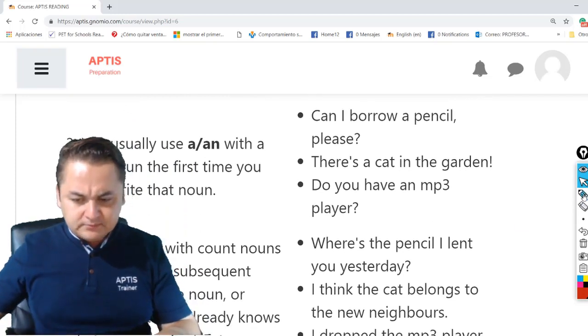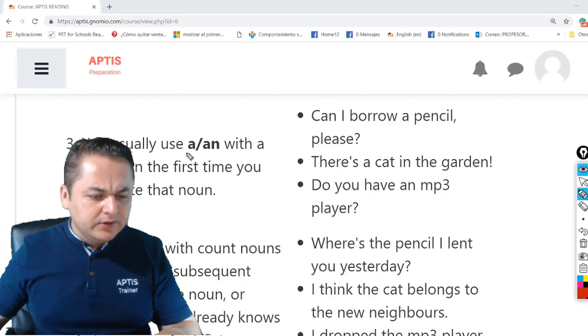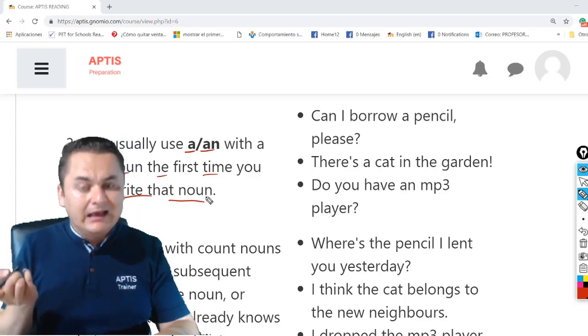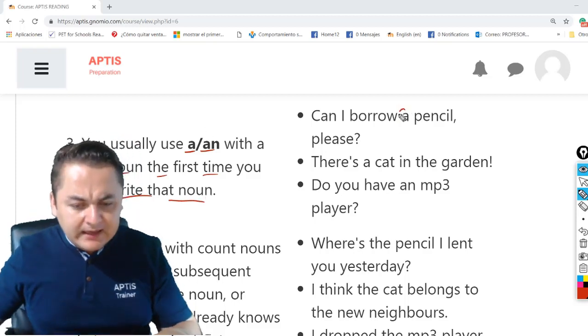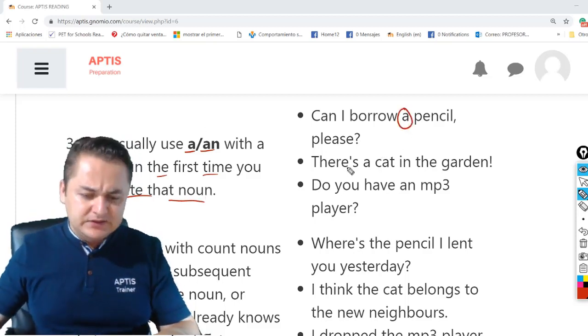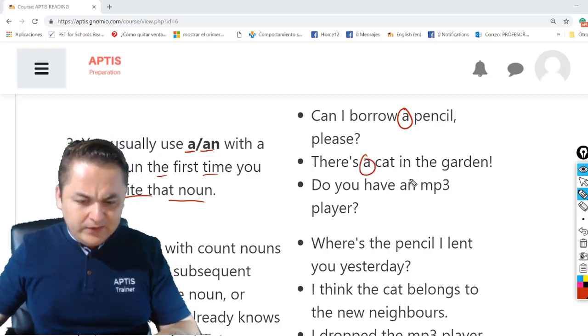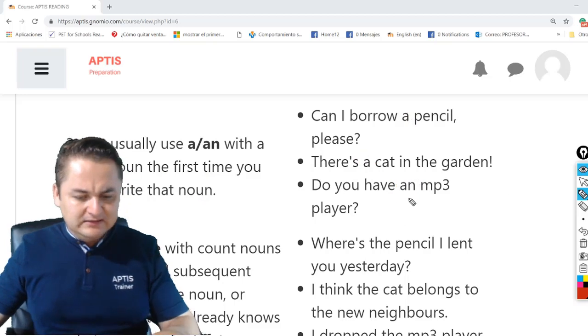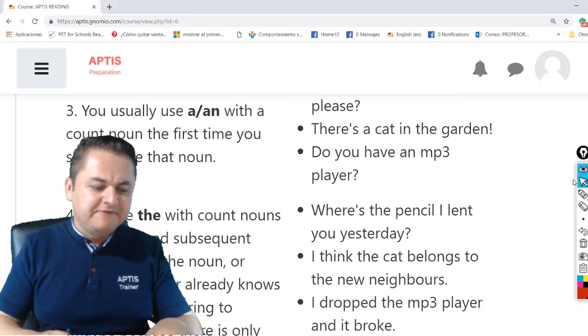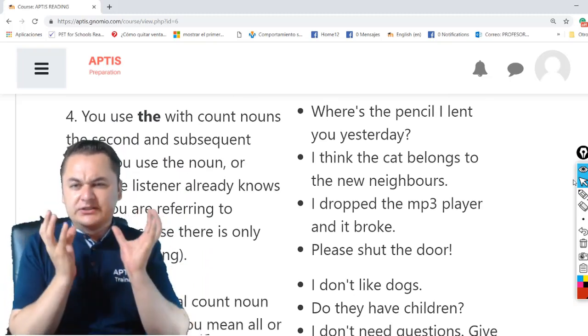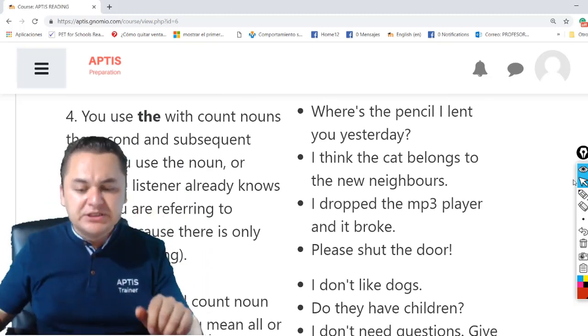Number 3. You usually use a or an with a count noun the first time you say or write that noun. For example, can I borrow a pencil, please? There's a cat in the garden. Do you have an MP3 player? But what happens if you use the same context, the same words, but I want to be particular?